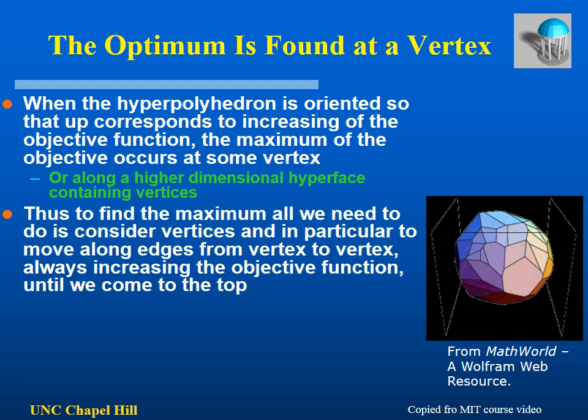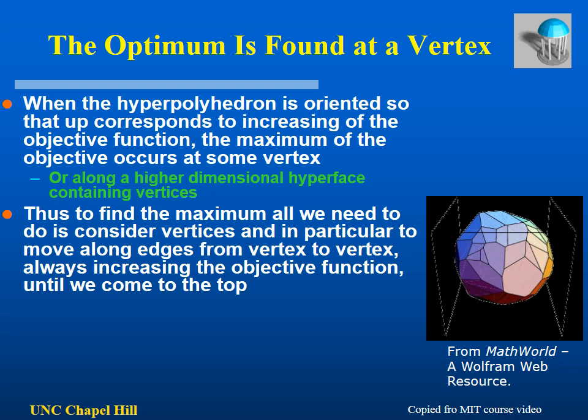It should be intuitively clear that the maximum will occur on the boundary of this hyperpolyhedron, and indeed at a vertex. Well, not necessarily at a single vertex. It may be at a single vertex.